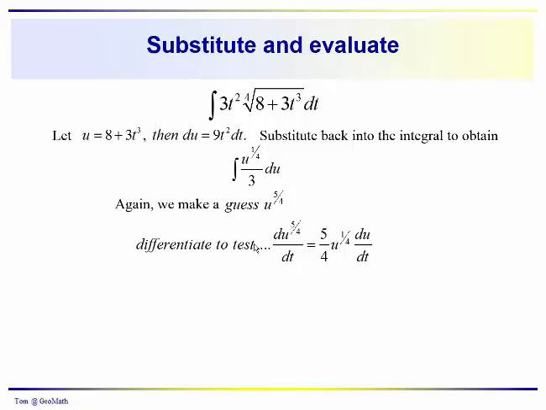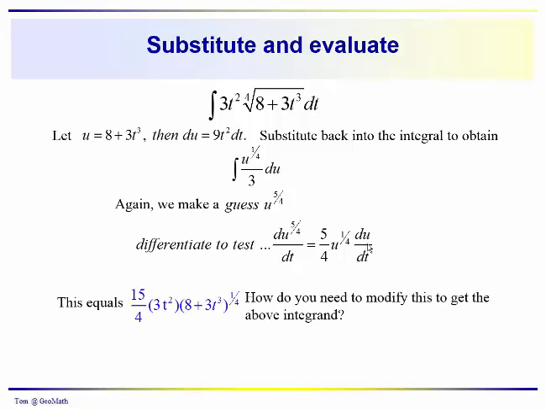So if we go through the test and differentiate u to the 5/4 with respect to t, it's actually a chain rule. We're differentiating u to the 5/4 with respect to u, and we get 5/4 u to the 1/4, and then we continue with the chain to differentiate u with respect to t.